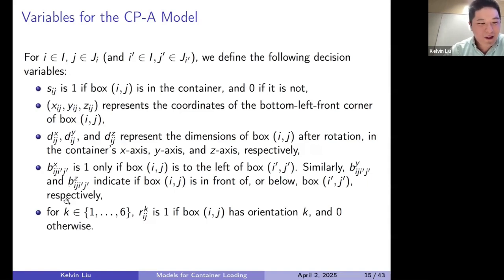If you have 2 boxes that are both in the container, then hopefully one of these will be 1. And then finally, these variables determine the orientation of box Ij. For each k from 1 to 6, Rkij is a binary variable, which is 1 if box Ij has orientation k. So these are all the decision variables we need.